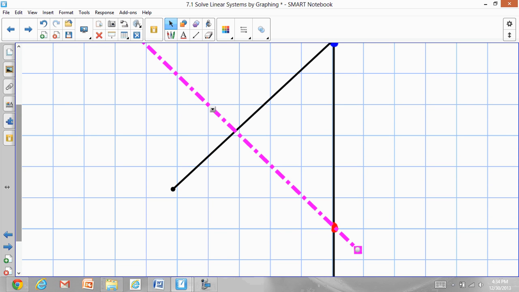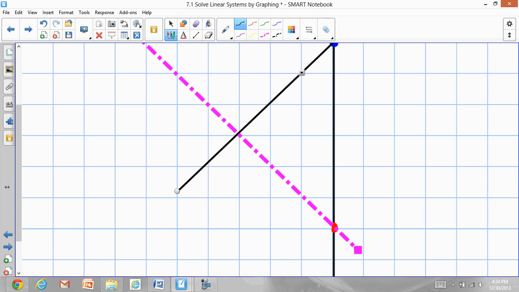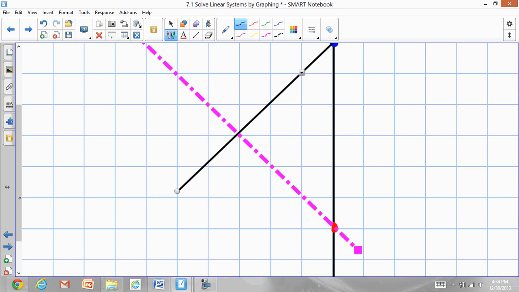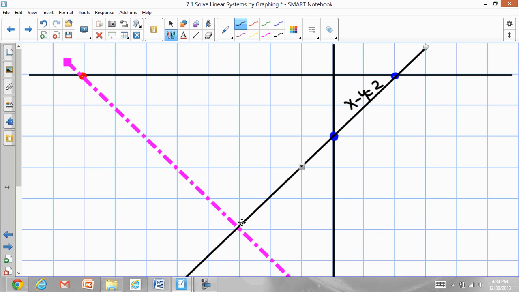Once I'm done connecting them, I'm trying to see where the 2 lines overlap. The 2 lines actually meet or intersect at this point. So this is the point of intersection, and this point is actually the solution.